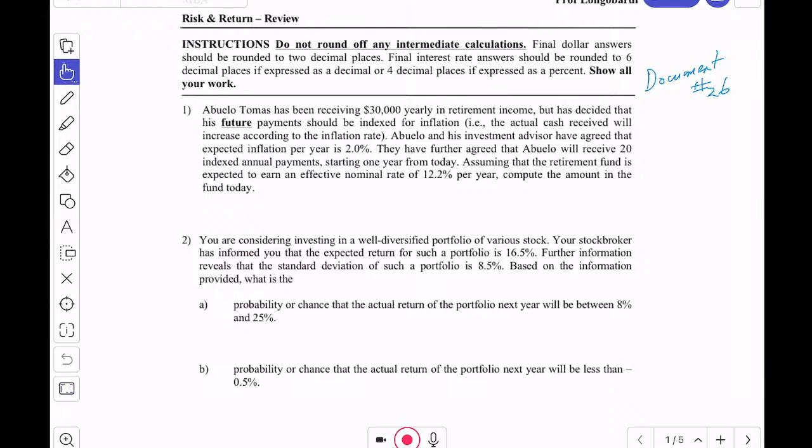And here you see I ask you to create a normal distribution curve to answer questions about the probability or chance that returns of a portfolio next year will be between 8% and 25%. So you're going to repeat what we did when we created the normal density curve, and answer questions about the probability of positive returns or negative returns.